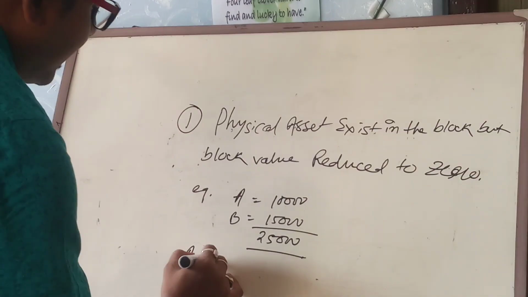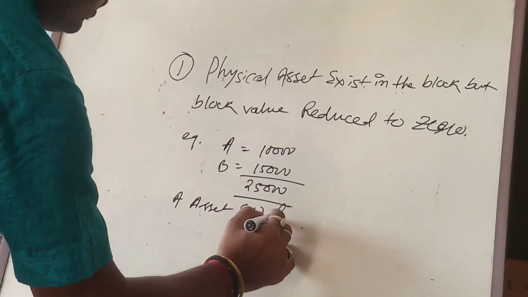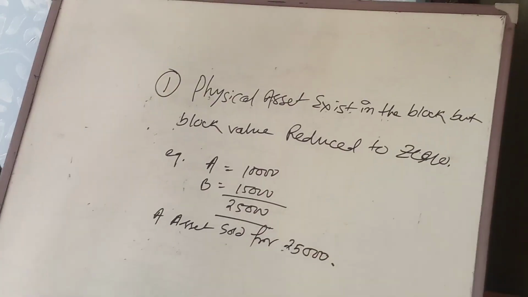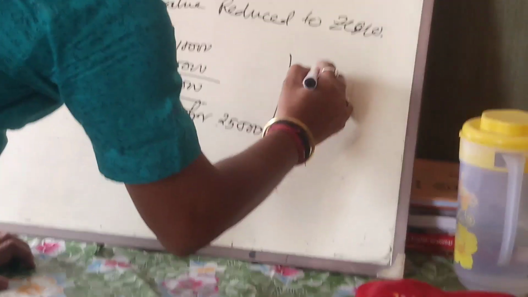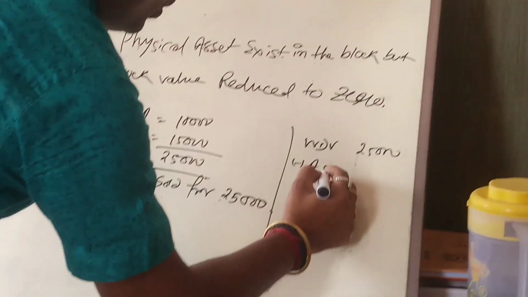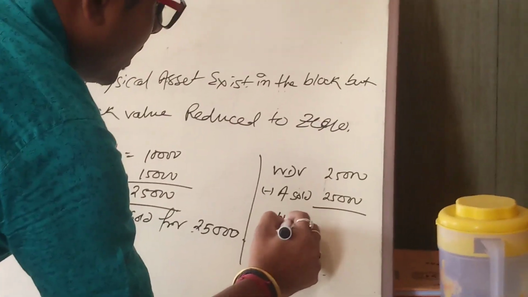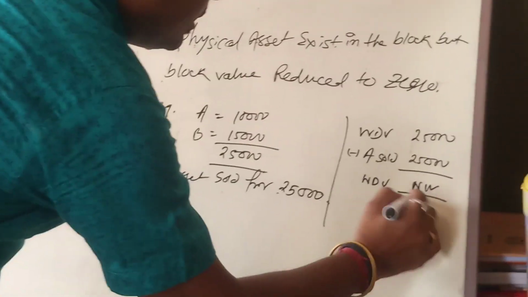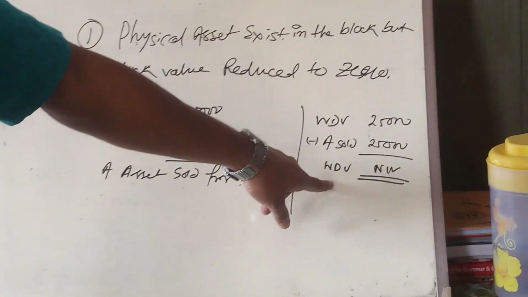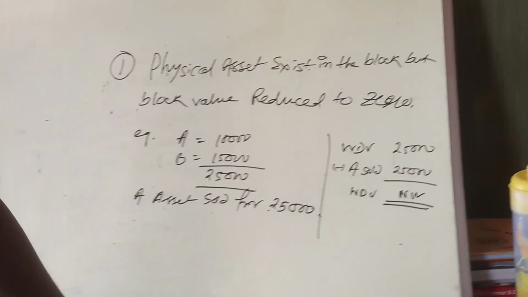Now if asset A is sold for 25,000, then your WDV was 25,000 less A sold for 25,000. The WDV of the block is nil, that is 0. But the physical asset, B, still exists in the block. In that particular situation, no depreciation will be charged on that block.